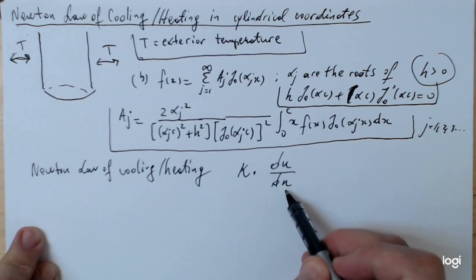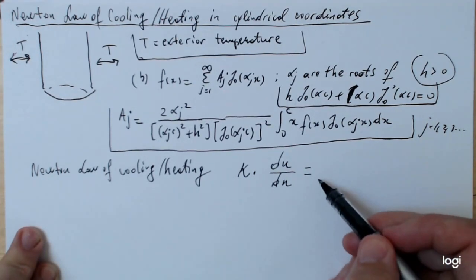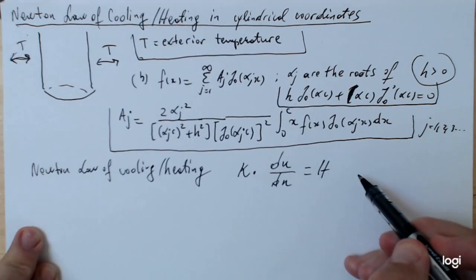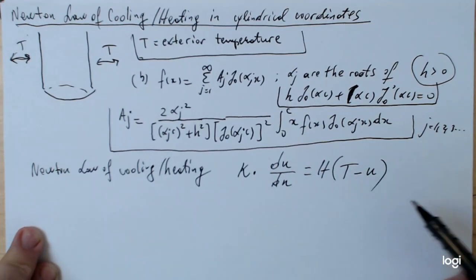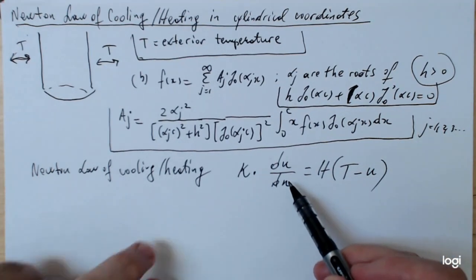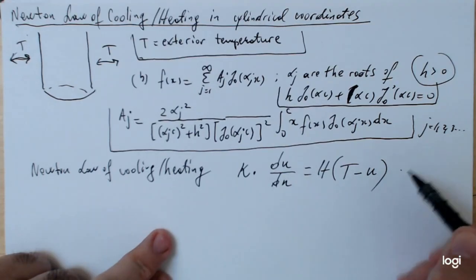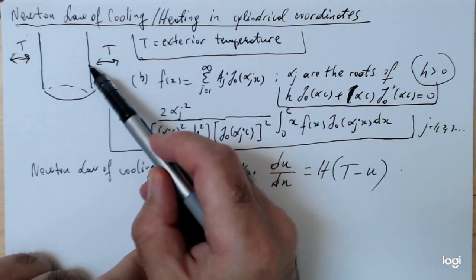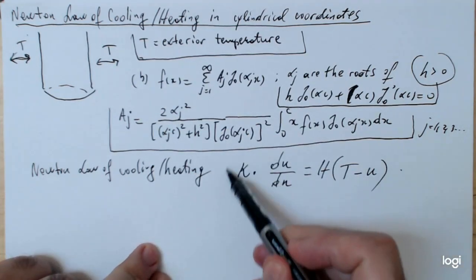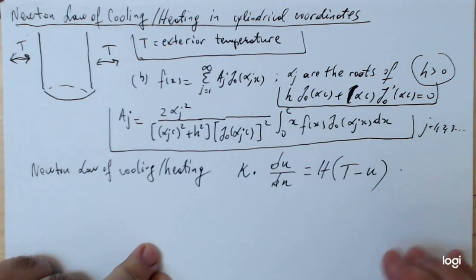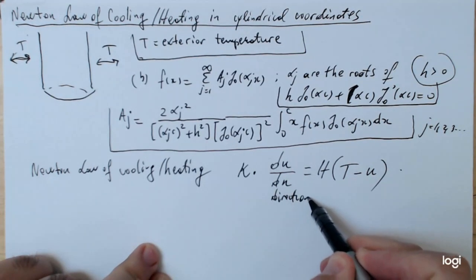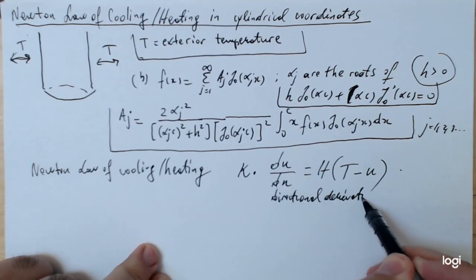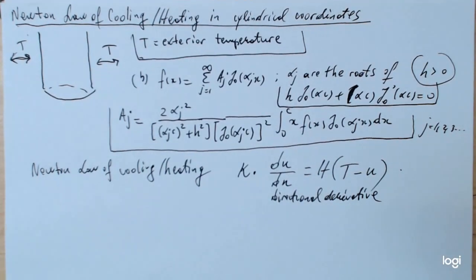This heat transfer is proportional, with another constant, to the difference between the exterior temperature and the temperature of the object on the surface. In the case of cylindrical coordinates, this is when the radius is equal to C. We'll get to that in a moment. But this law is regardless of the shape of the object. This is a directional derivative in the direction of the heat transfer, which is basically the direction of the space gradient.